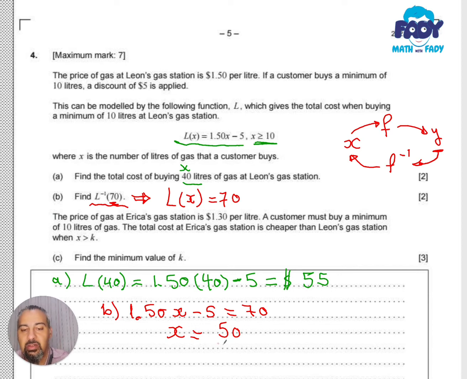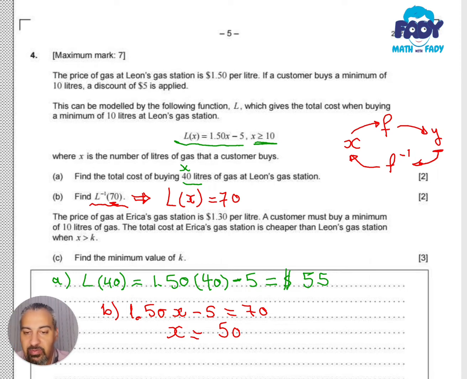What does it mean? It means that when the customer buys 50 liters, he will pay $70. This is the cost. So this is part B.